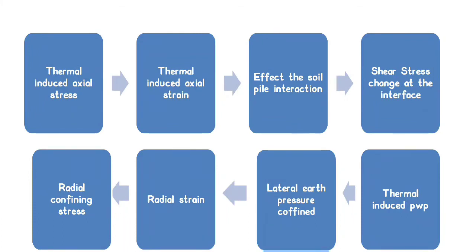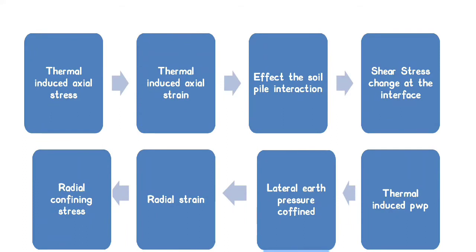And we also know that this pile is located inside soil, so it will be under the effect of a confining stress, right? Now, because of all this temperature change, this radial stress will also be affected. As I said before, there is an axial stress which induces an axial strain, which also induces a radial strain to the pile.